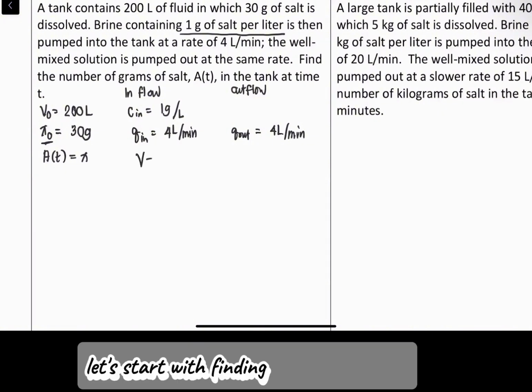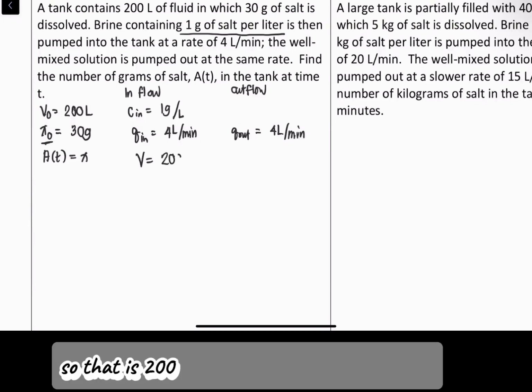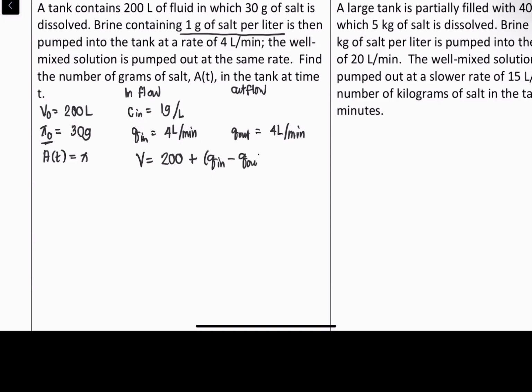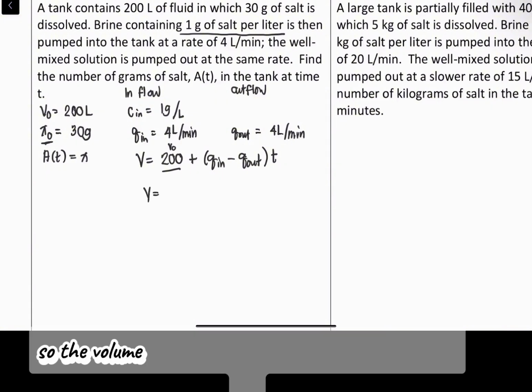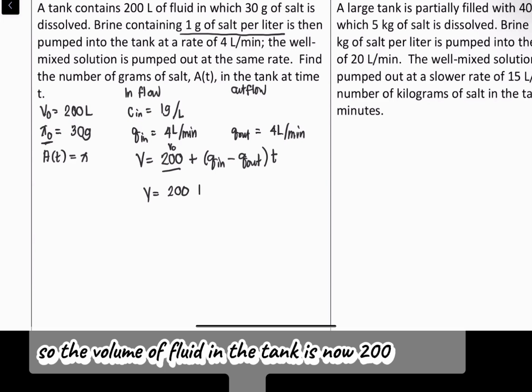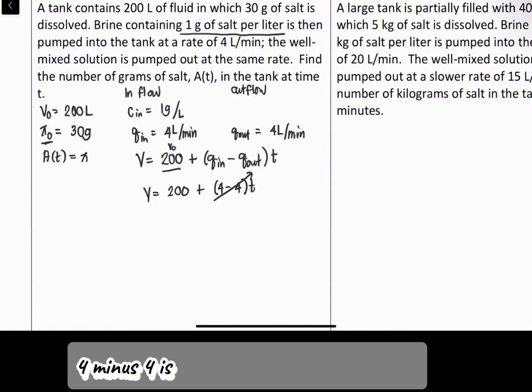Let's start with finding the volume of the fluid in the tank. So that is V sub 0 plus Q in minus Q out times T. So the volume of fluid in the tank is now 200 plus 4 minus 4 T. 4 minus 4 is 0.